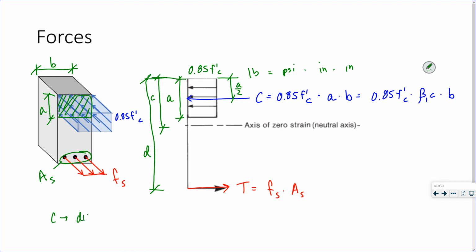C is our distance from the extreme compression fibers to the neutral axis.